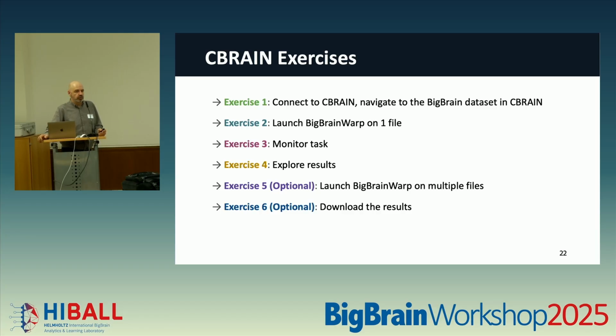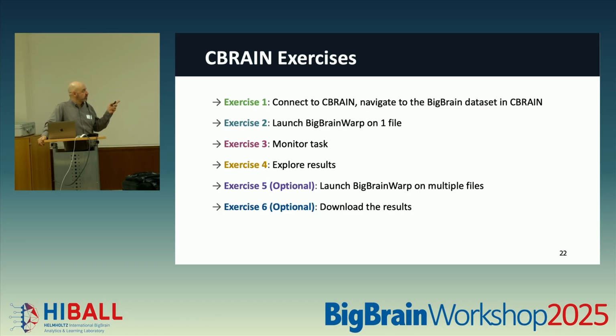And you're going to run a tool called BigBrain Warp. This is one tool that works on some of the BigBrain data coming from some of my colleagues elsewhere at McGill. I'm not a scientist from the neuro side of things. I'm more on the informatics pieces. But what we're going to go through is the process of learning how to apply a specific tool to some individual data, just starting with one file.